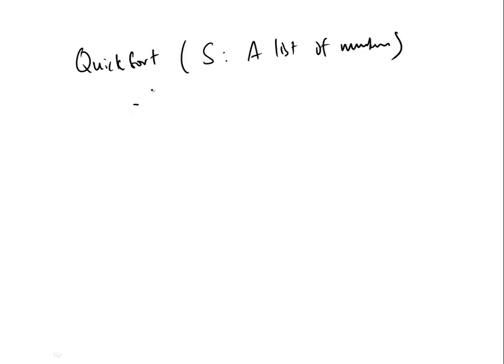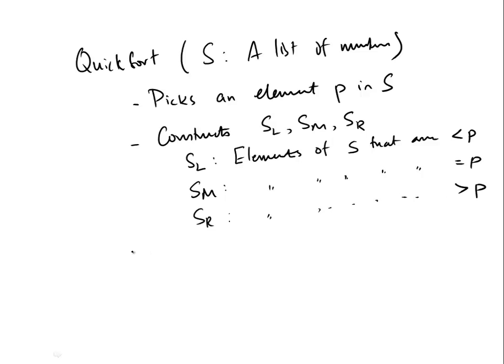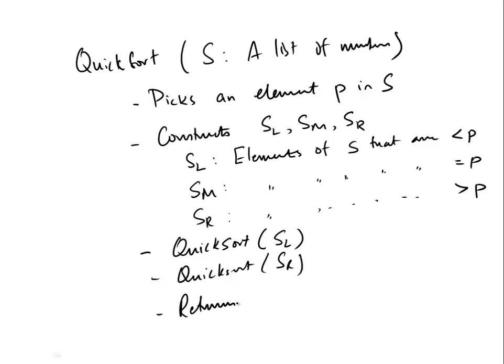And what it does is first picks an arbitrary element P in S. Then it constructs three lists, SL, SM, SR, where SL is elements of S that are strictly less than P, SM are elements of S that are equal to P, and SR is the set of elements of S that are greater than P. And then it calls itself recursively to sort the lists SL and SR, and then it simply returns the concatenation of the lists SL, SM, and SR.